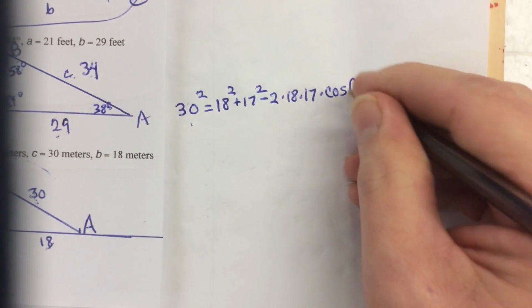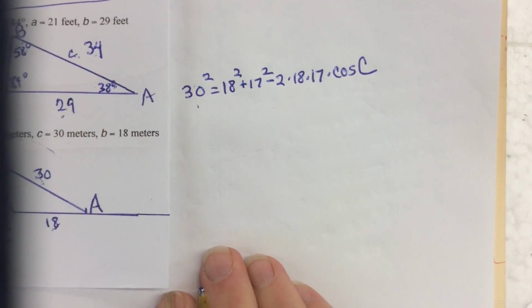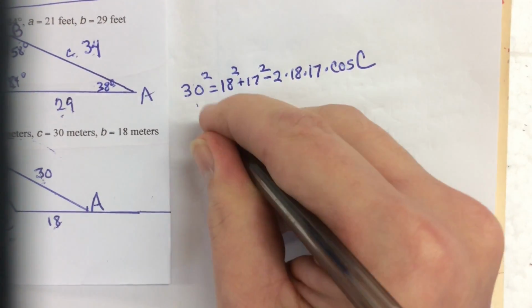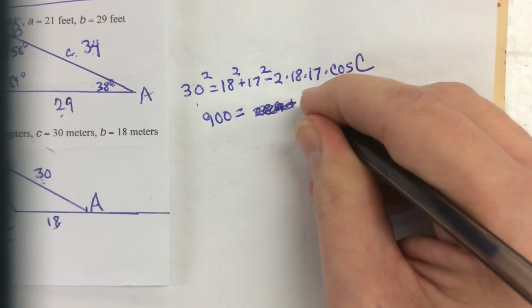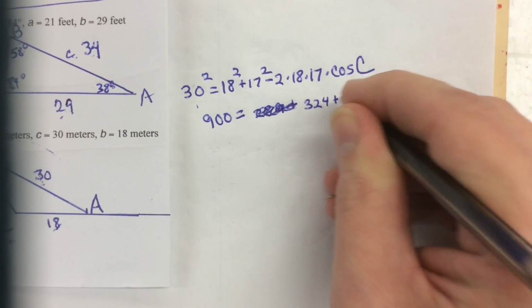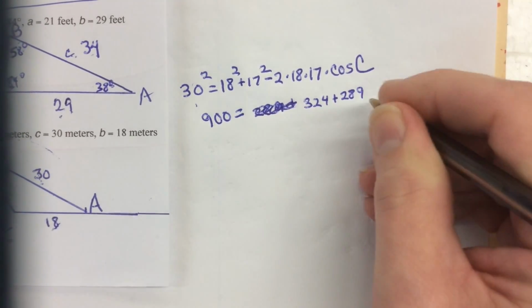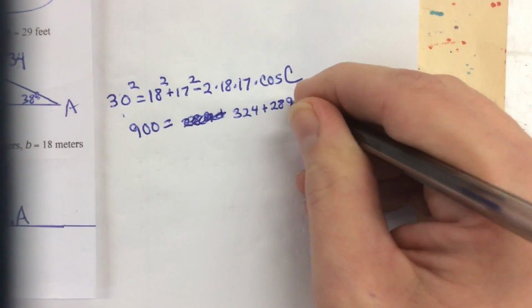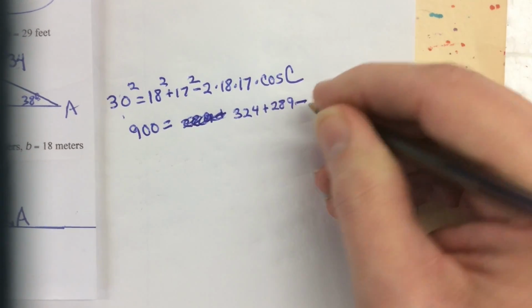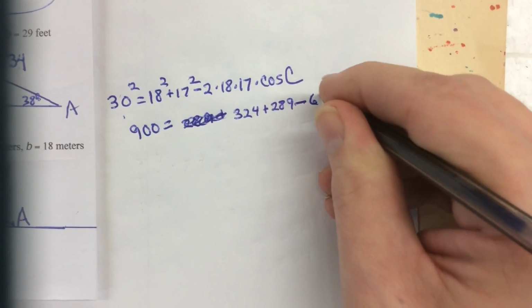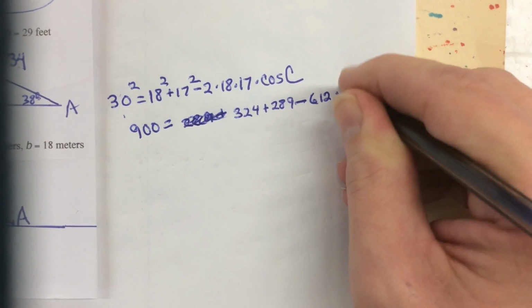So that's the arithmetic we need to do. This side is 900. 18 squared is 324 plus 289, that's 17 squared. Minus 612 times cosine of C.